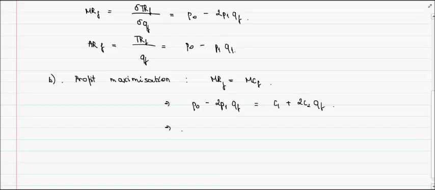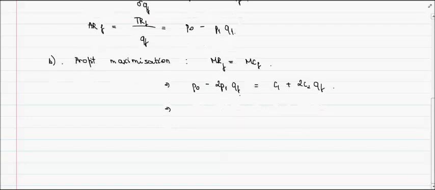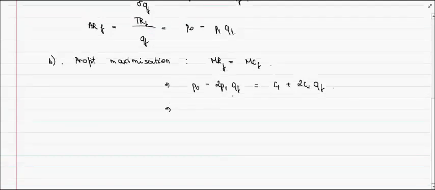Okay, so if we solve this equation for Q, then we should be able to find the optimal quantity that the firm is producing to maximize profit. So if I move this to the right hand side, I get P0, and I move C1 to the left hand side, it becomes negative C1, equal to 2 P1 QF plus 2 C2 QF.